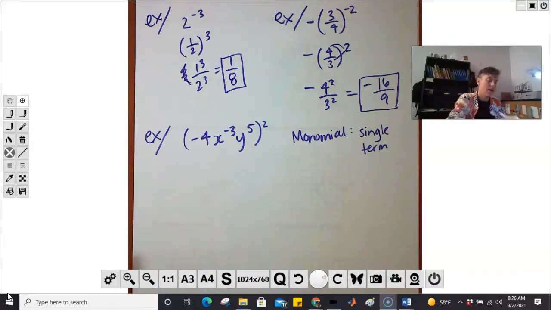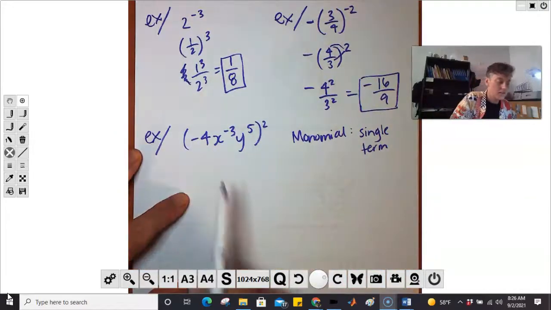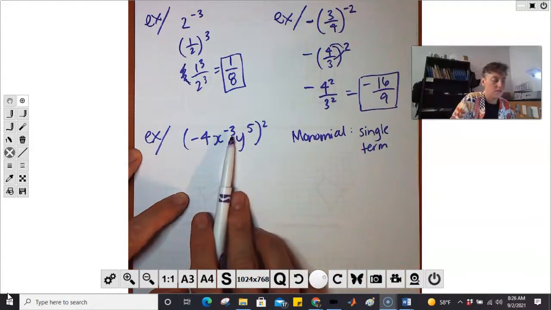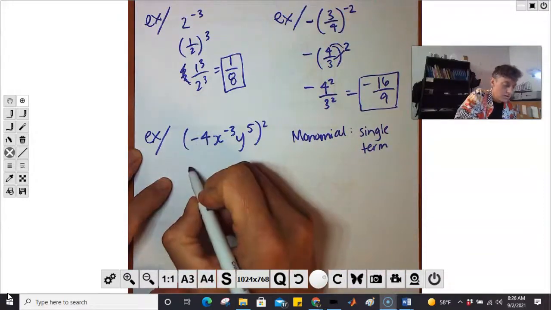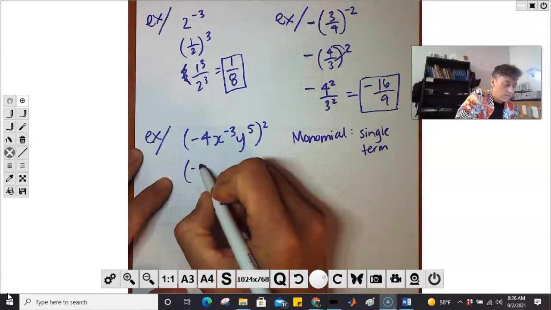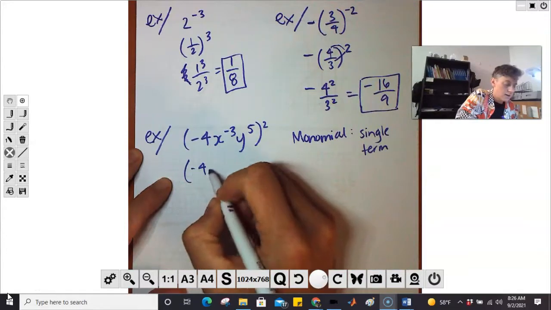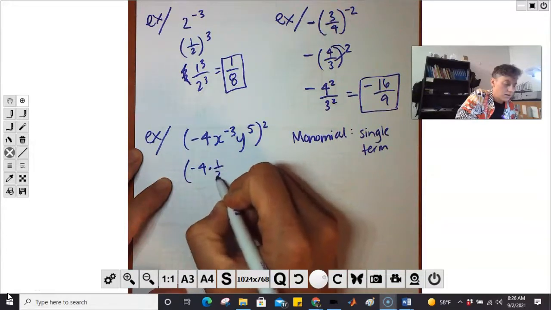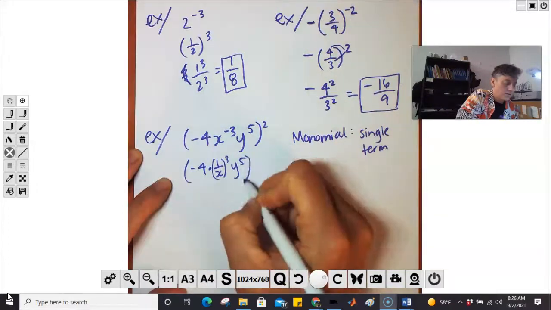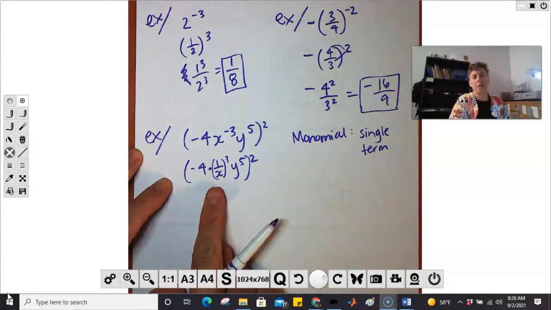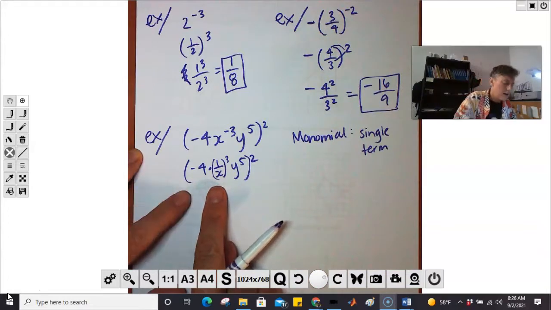All right. I see a negative exponent. I know that's equal to the reciprocal to the positive exponent. So this is actually equal to negative 4 times 1 over x to the positive 3 times y to the 5th, squared. Oh, I don't like that at all.